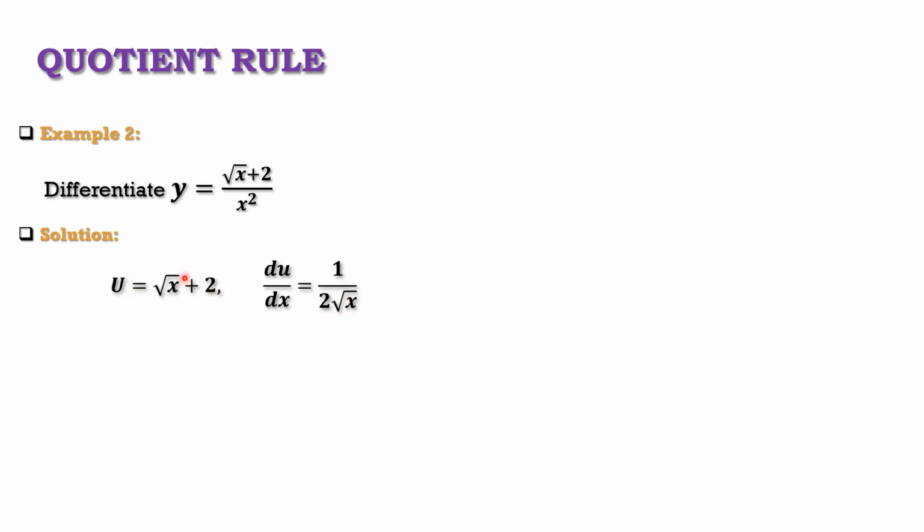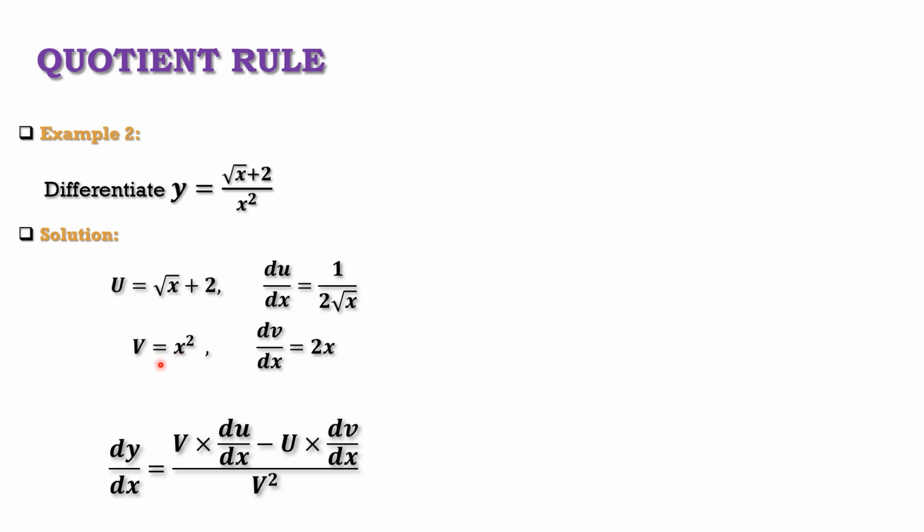When you differentiate root x, this will be your result because the derivative of the constant is 0. Then we let v be equal to x squared, that is the denominator. When you differentiate v with respect to x, we get dv/dx equal to 2x.